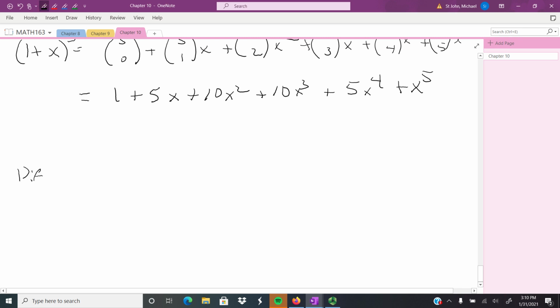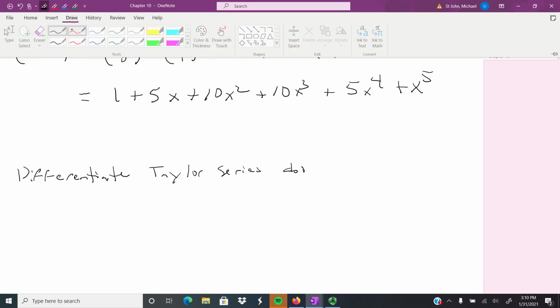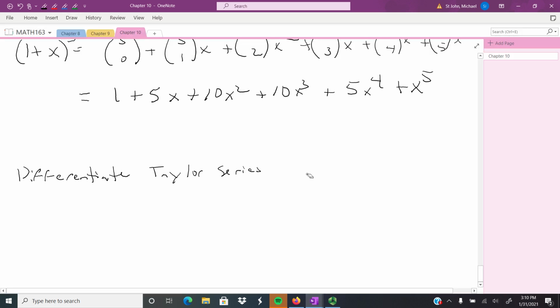And then one last thing, just another example. Let's say I want to differentiate the Taylor series about 0. And so let's say f(x) is equal to e^x.